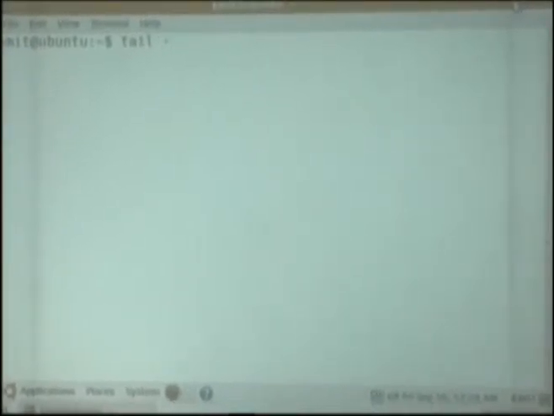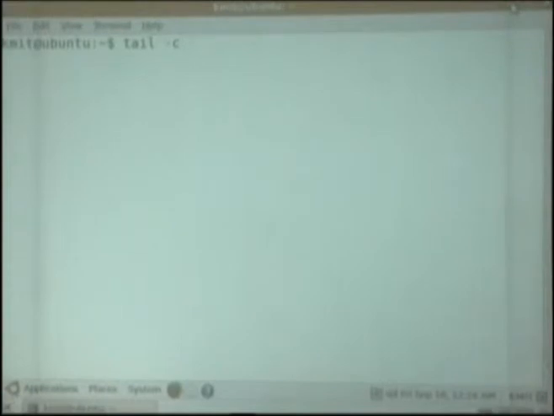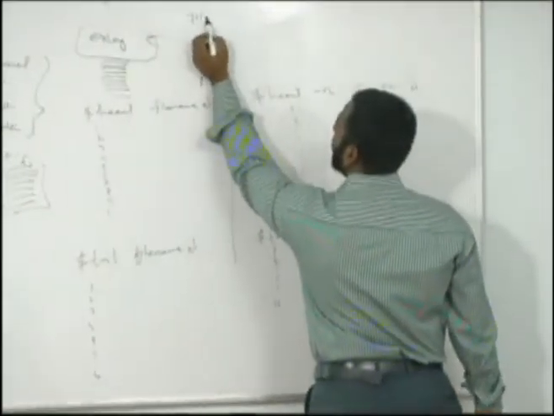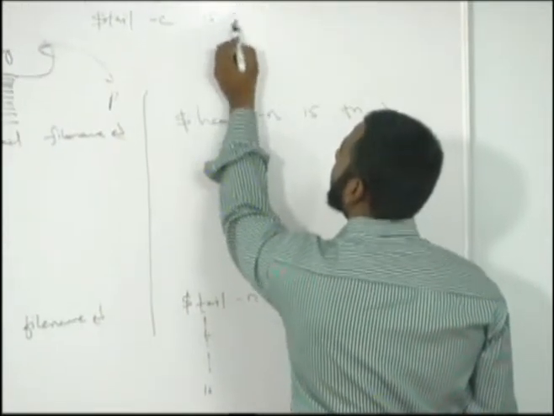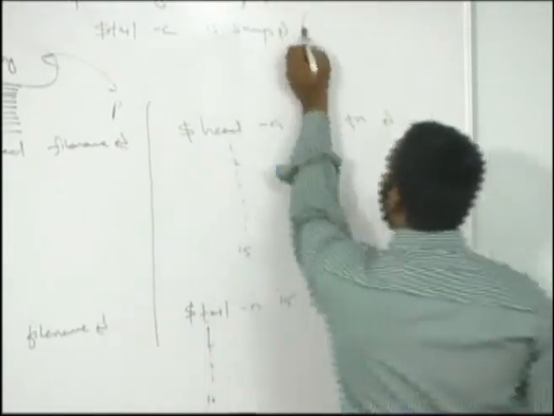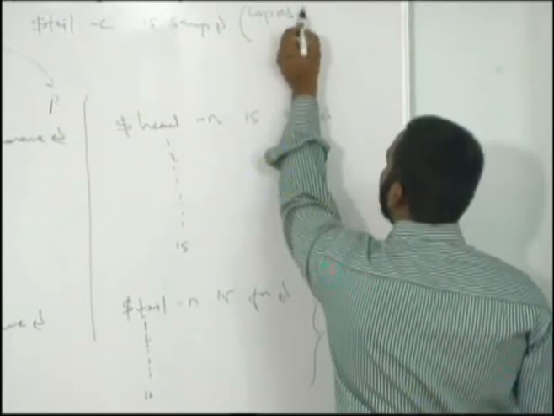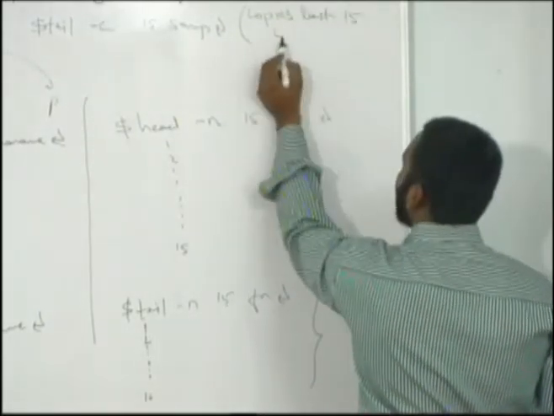So I can use tail option C. Suppose I have used 15 here, and sam, it means that it copies the last 15 bytes. Tail option C, sam, copies the last 15 bytes.